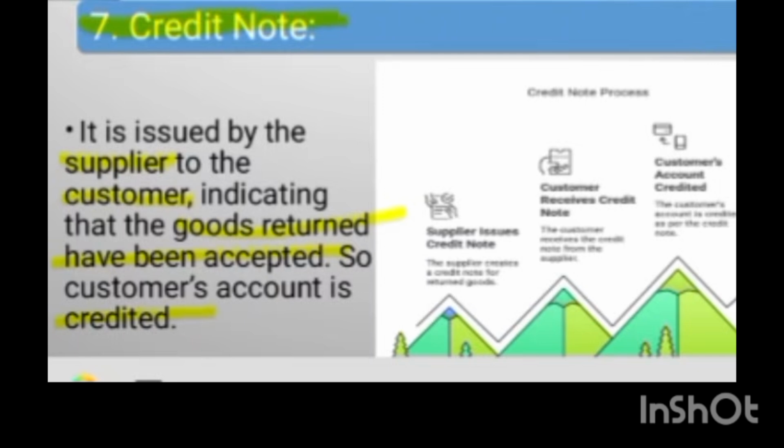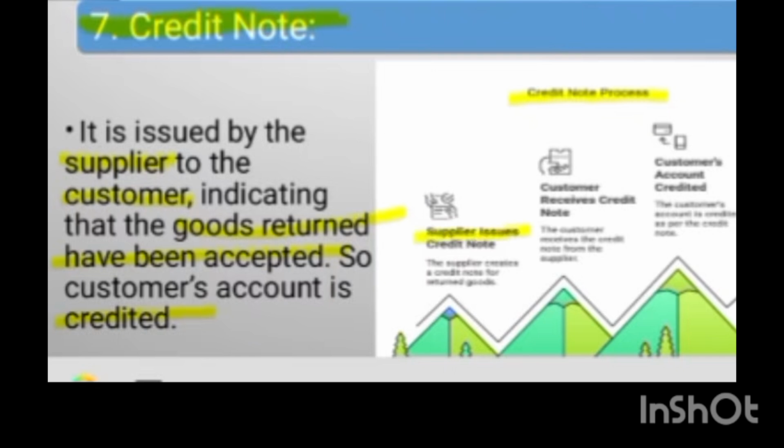Over there it will be mentioned that we have got the returned goods, right, and we have credited your account, means we have deducted it, subtracted it from your balance amount, from your credit amount, right. So the process is that supplier issues credit note.